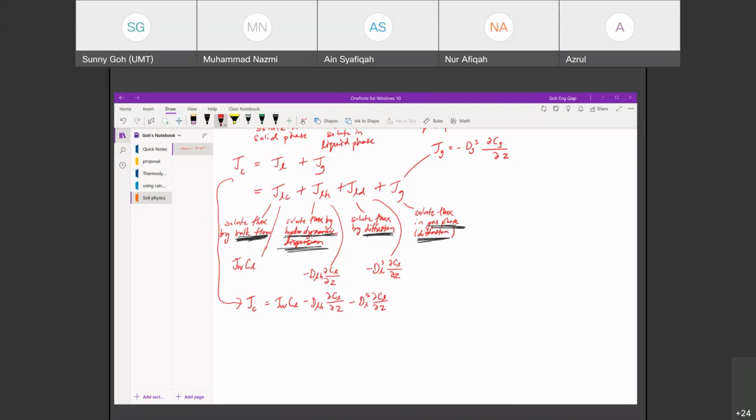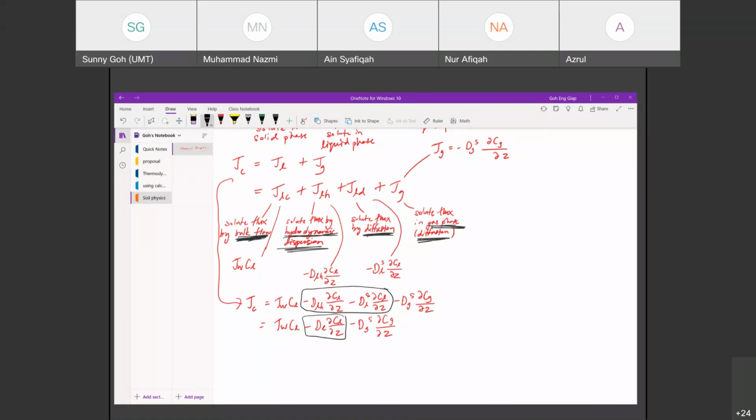And also negative D_G dC_G over dz, okay? And then it can be simplified as this: D_E dC_L over dz, and D_E dC_G over dz. Okay, so this is basically the combination of these two becoming this. Okay, it's just a combination.